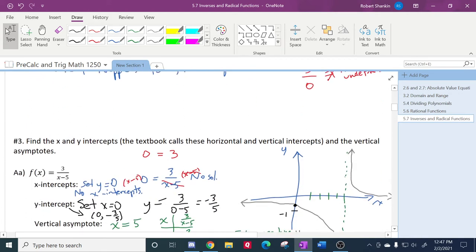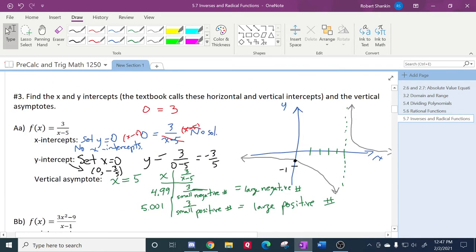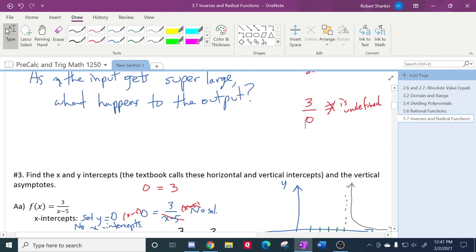All right. Now, when you get 3 divided by a really small number, like 3 divided by 0.001, now that's 1/1000th. You have to add that together 1,000 times just to get 1. So this is going to be 3,000. You get huge numbers.